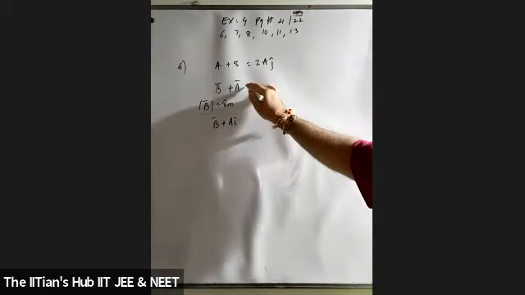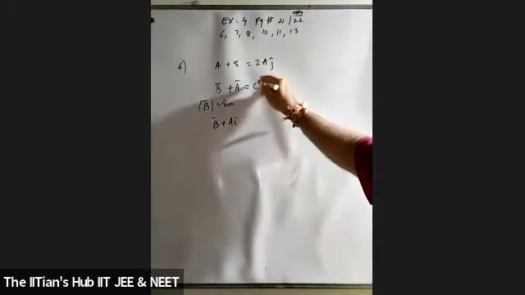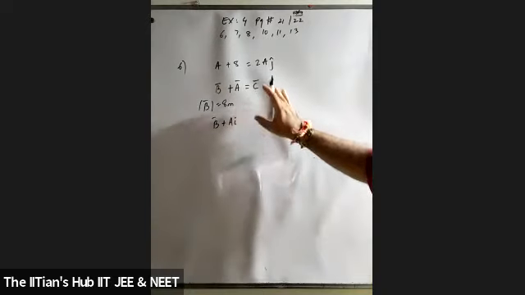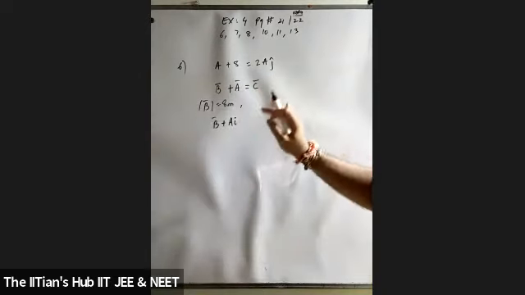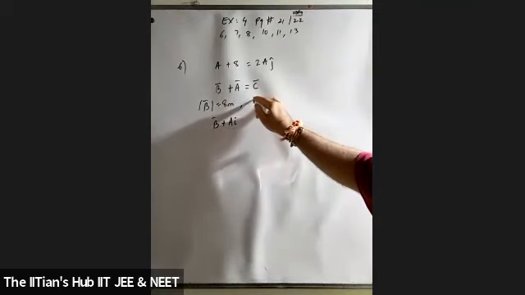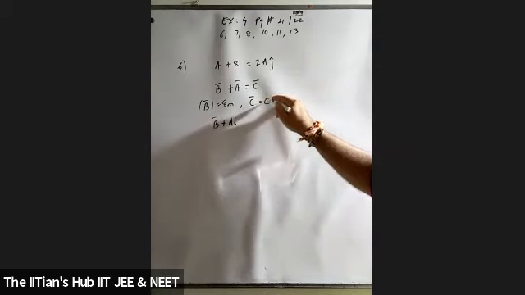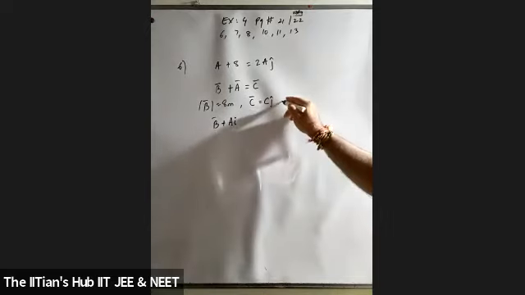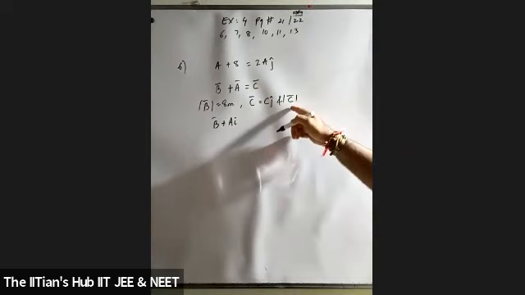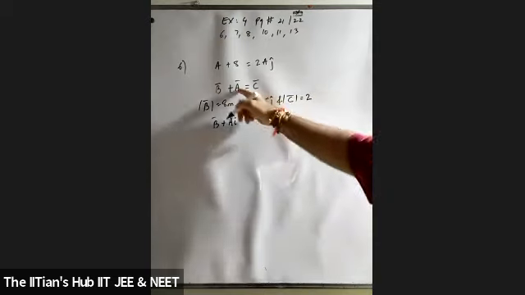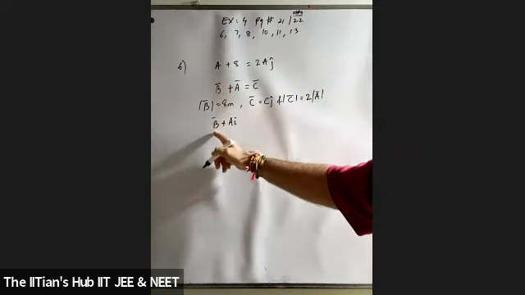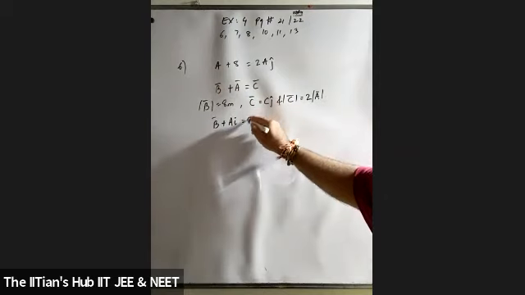Let us assume that the third vector is C. This third vector, students, lies along the y-axis, so we consider j, and has a magnitude that is twice the magnitude of vector A. So I can write vector B, vector A along x-axis, vector C along y-axis.